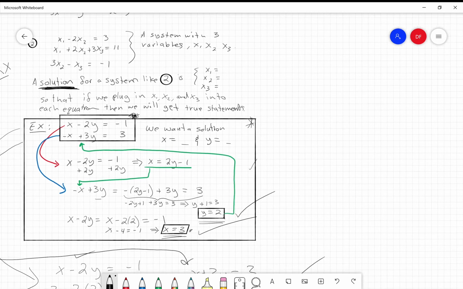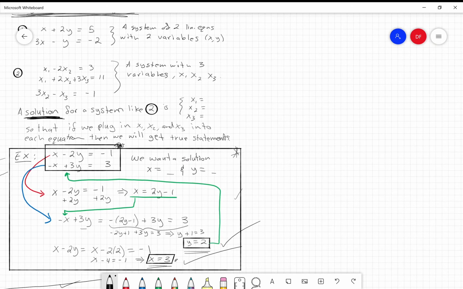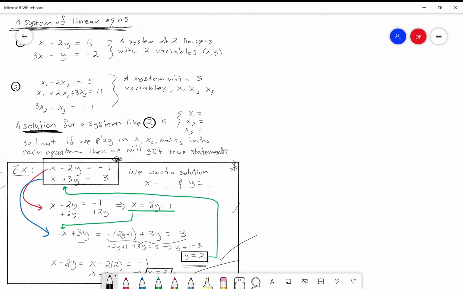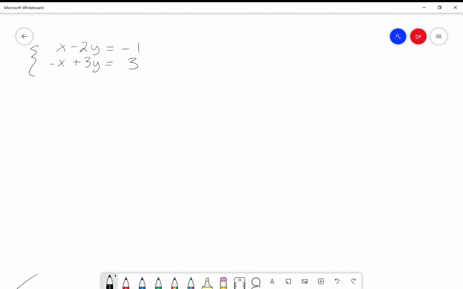But before we do that, let's think about what this means geometrically. So we have a system, x minus 2y equals negative 1, and negative x plus 3y equals 3. What do these two equations mean? What does this equation represent geometrically?